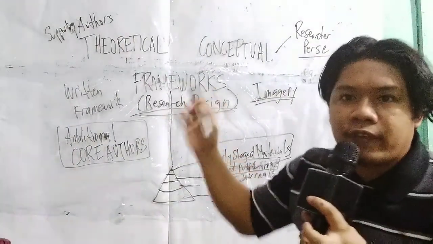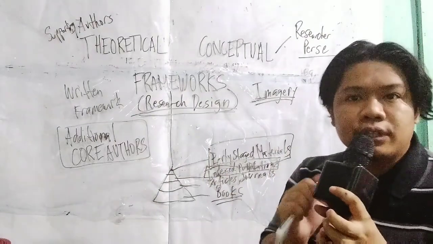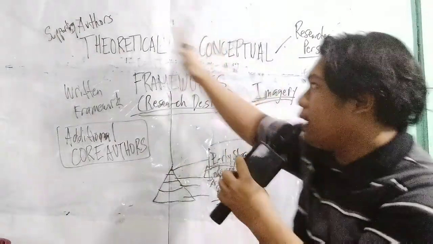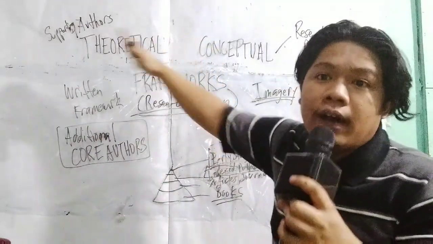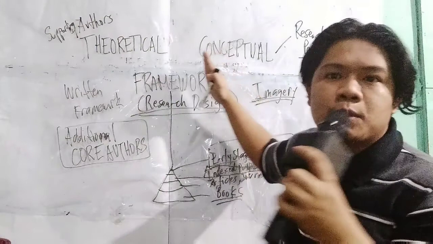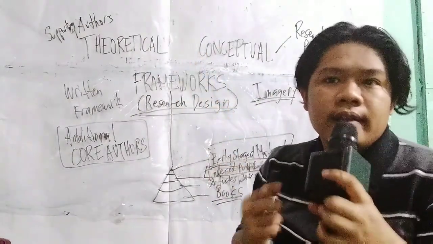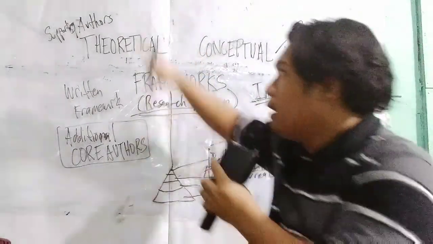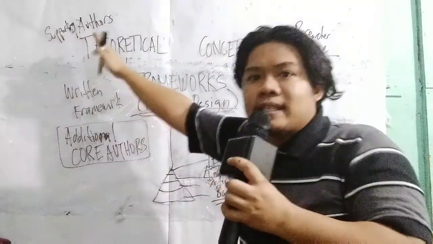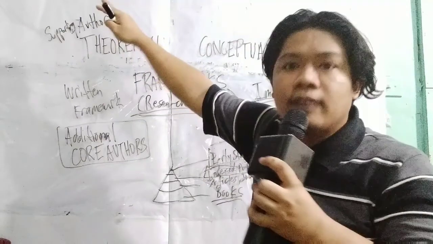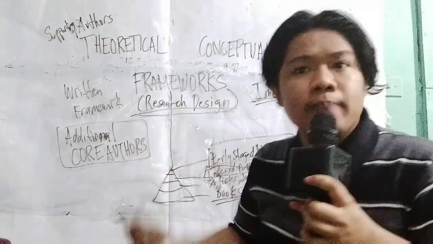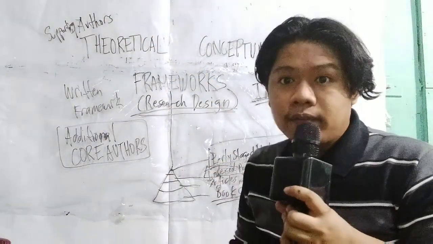So, the conceptual framework is all about the researcher's viewpoints. So, the integration of the theoretical and the conceptual framework is actually the combination of the author's viewpoints and how the researcher relies on the author's viewpoints and turns them into something new, which is by far the very nature of qualitative research.